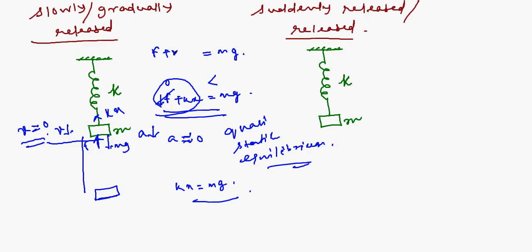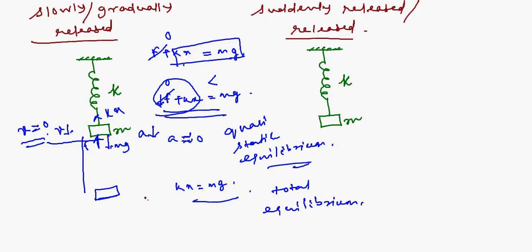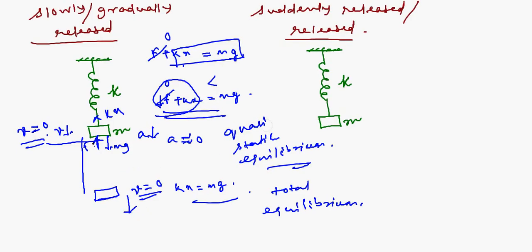F plus kx, F is 0, and thereby at this position the block remains in total equilibrium. As there is no acceleration here, the velocity is 0, this block has no tendency to go down. Thereby, this distance becomes the maximum elongation in the spring.